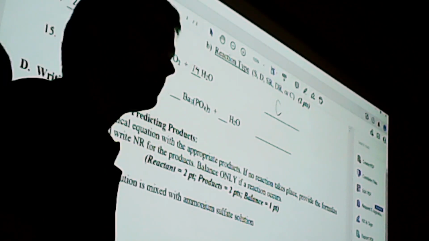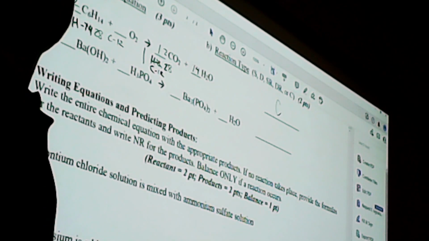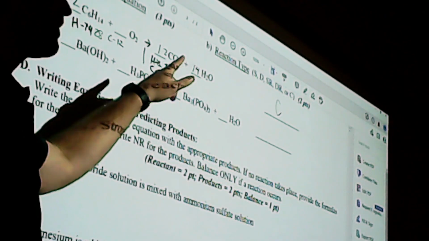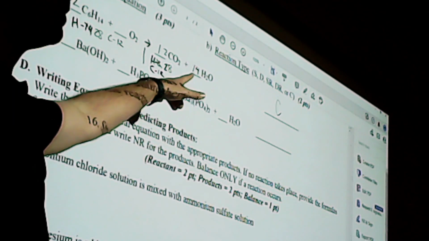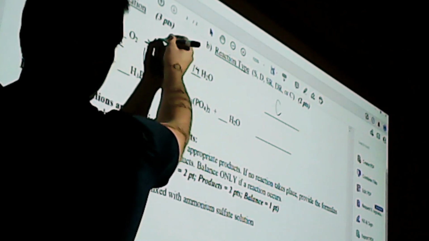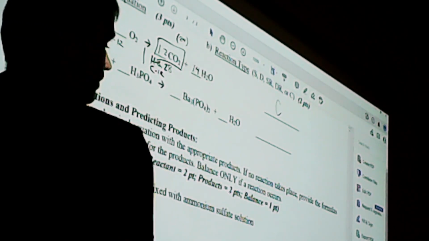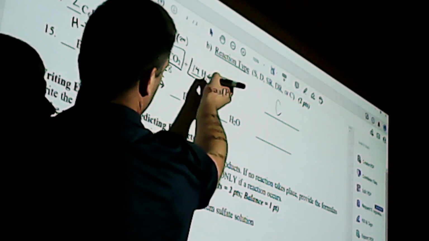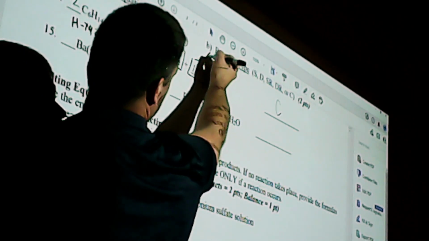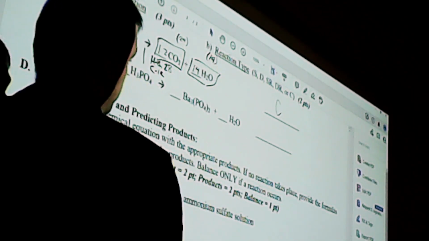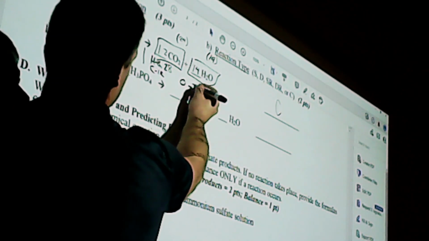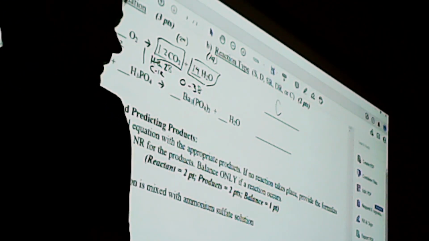And once again, I told you that if you're going to make a mistake on these, probably from now on, it's going to be counting up your hydrogens or your oxygens on this side. So in this term right here, I have 24 oxygens. In the second term, in my waters, I have 14 oxygens. When I put those together, I get 38 oxygens on my right side.